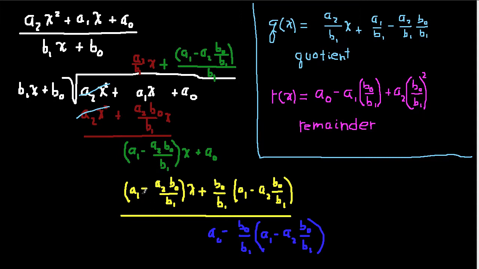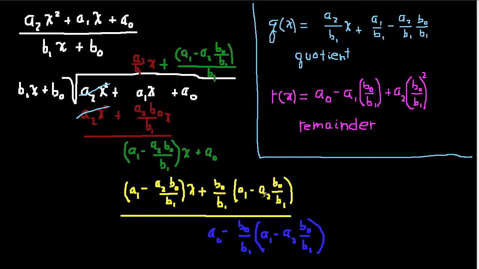It gives me a1 minus a2 times b0 divided by b1, and then times x. Now this term, when multiplied by b0, gives me this right here. Okay, this is b0 divided by b1 times a1 minus a2 times b0 divided by b1.